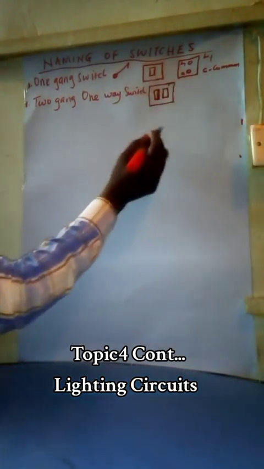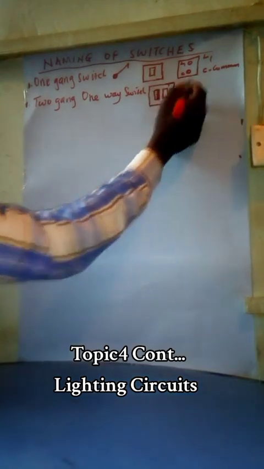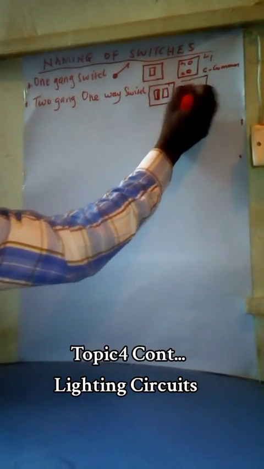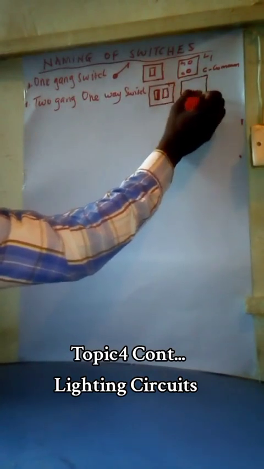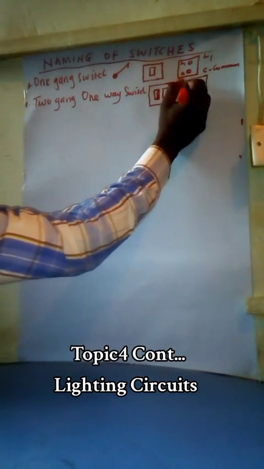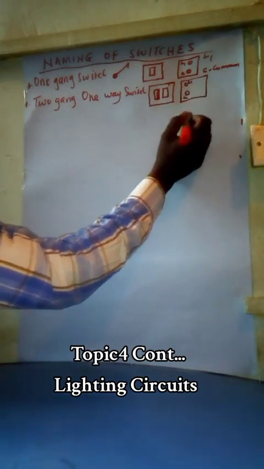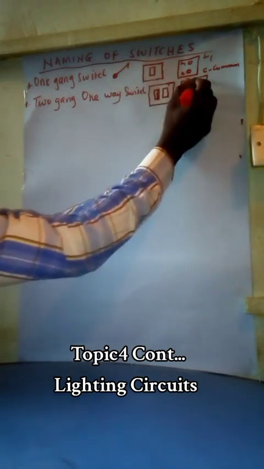In this case, we are going to have four terminals because each is independent. So if you turn the switch the other way, you will find L1. Again, you'll find common. That one is this side.